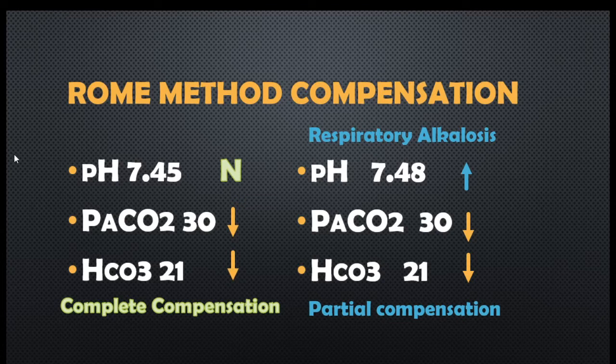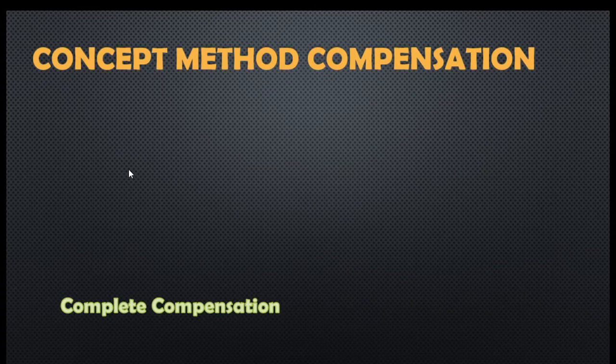So the problem of the Rome method is that because the pH level is normal, we cannot identify if this is a respiratory or metabolic primary problem, because we cannot compare the pH to the other values, as there is no arrow there. So that's why we need to use the next method, the concept method.